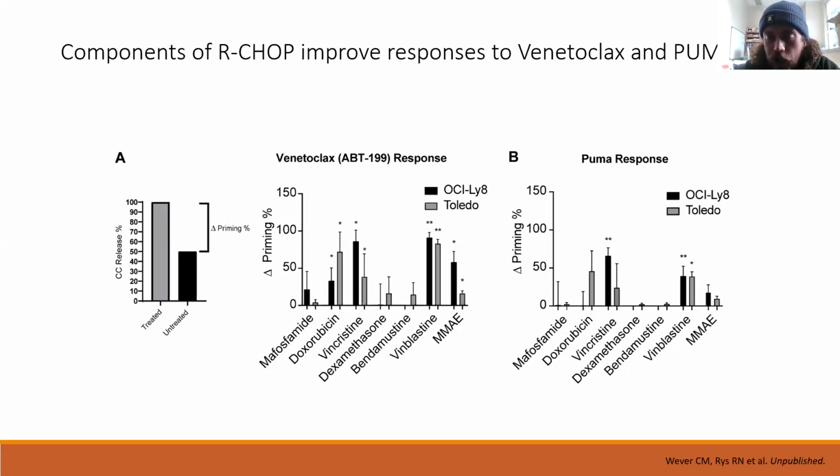As well as changing the overall priming, as seen by the PUMA response, in the same number of drugs outside of doxorubicin and MMAE. So it's just another example of how you can use BH3 profiling to inform on the synergistic effects of different drugs in cell lines, and you could apply the same methodology to primary samples.